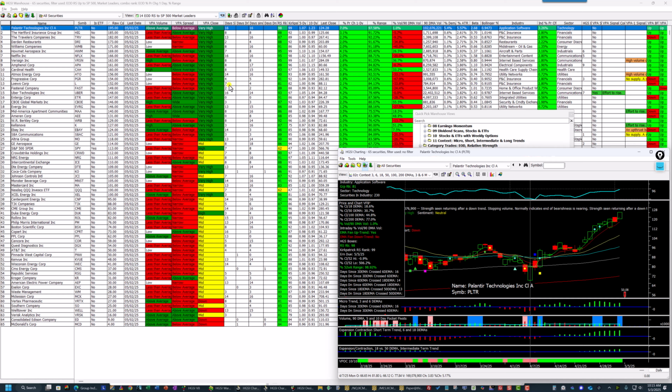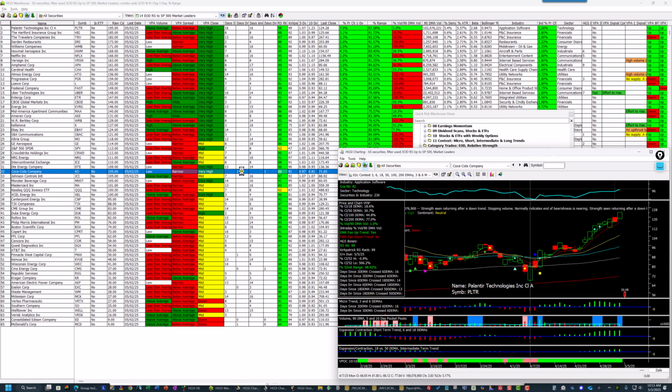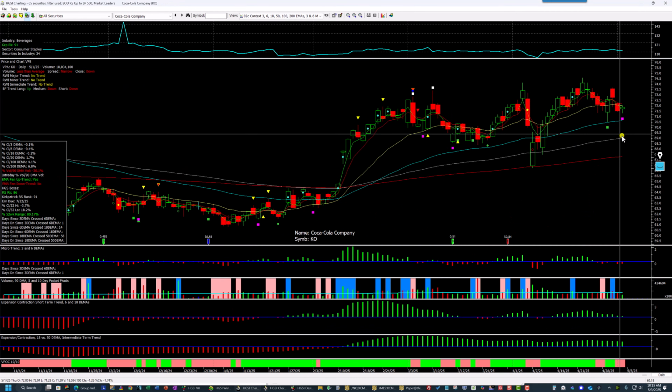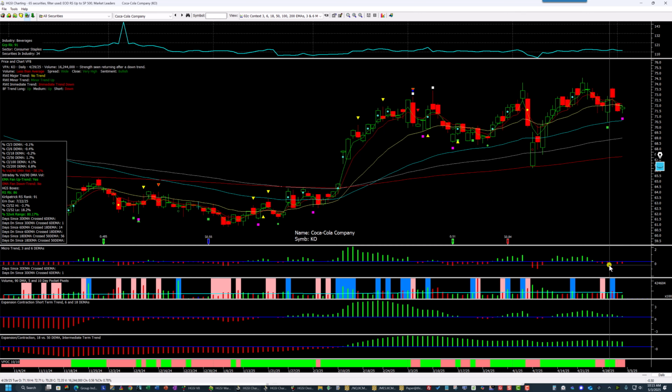Now looking down this list, you can see what the crossover days were. Now there are some here that have pulled back, days down. Coca could be a buying opportunity because there is a low volume test, but the crossover to the downside happened right here.